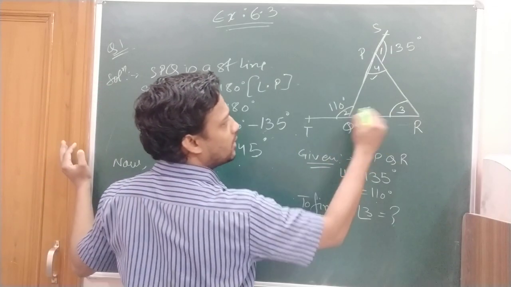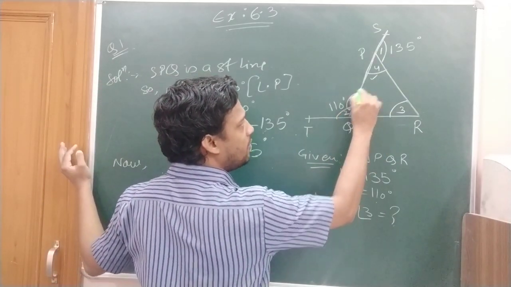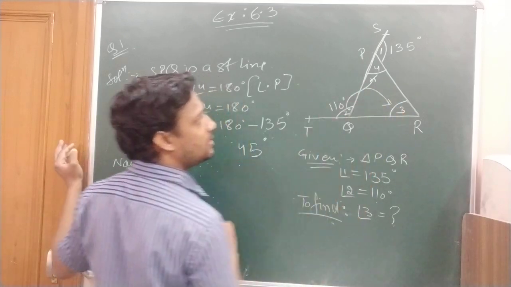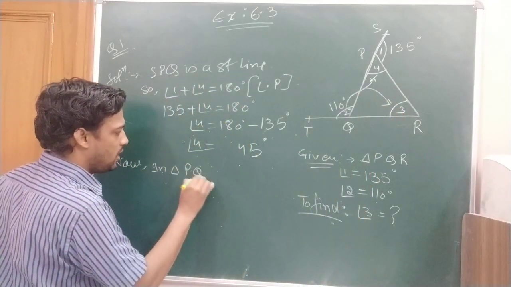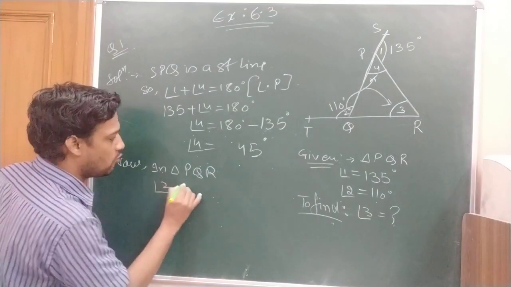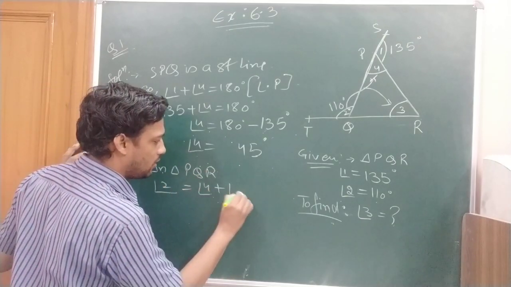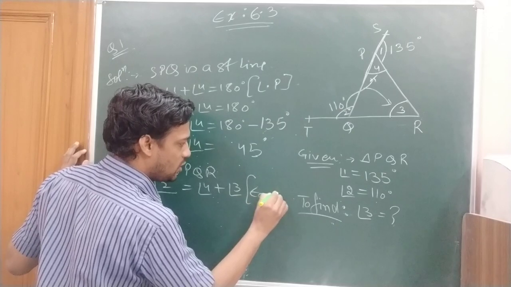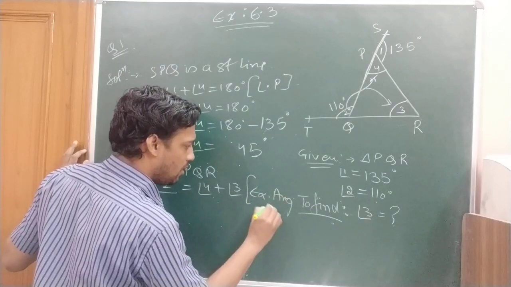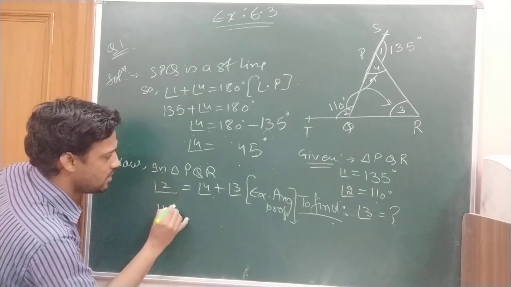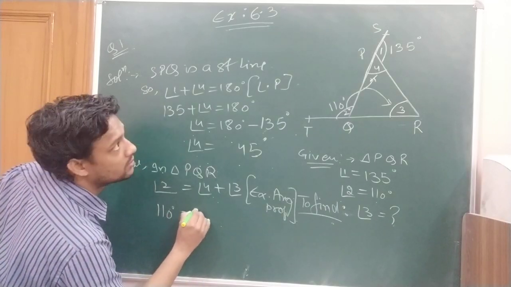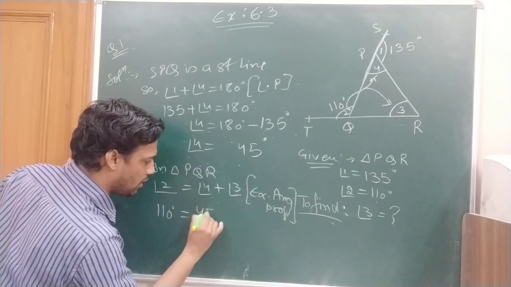Now we have to find angle 3. We know that angle 2 is the exterior angle, which is equal to the sum of the two opposite angles. So by the exterior angle property in triangle PQR, angle 2 equals angle 4 plus angle 3. Angle 2 is 110, angle 4 we have already found as 45 degree.